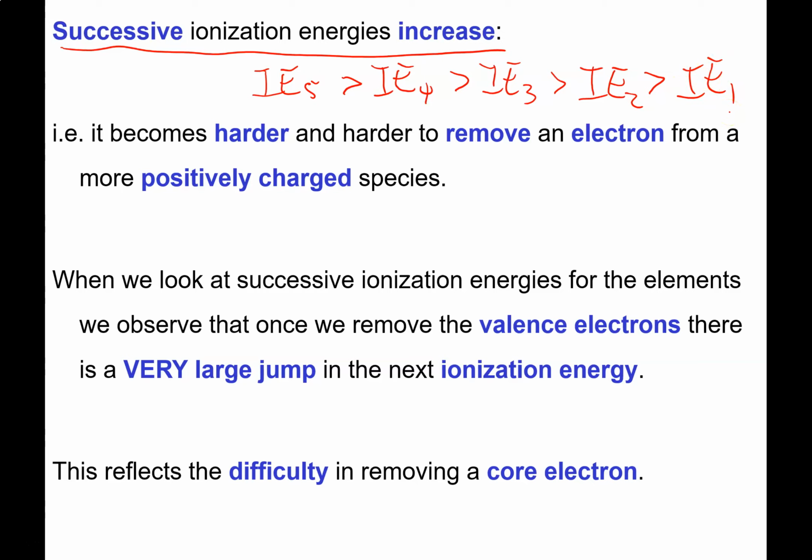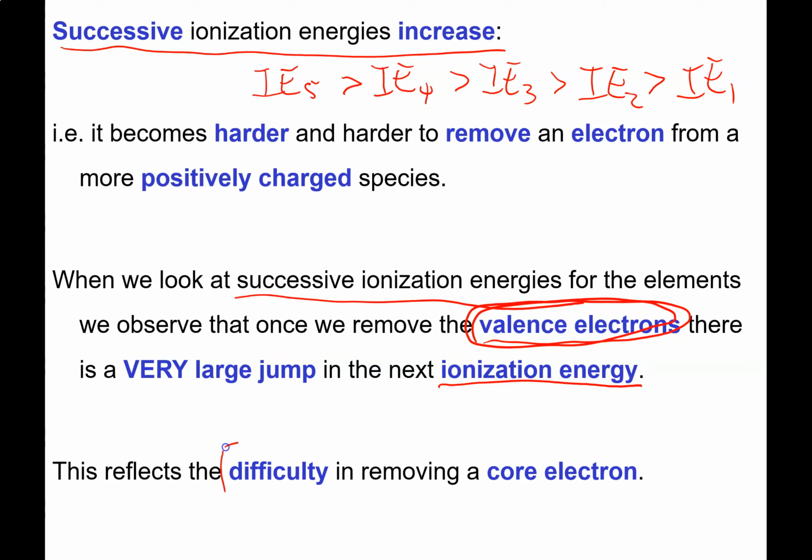That makes sense because it becomes harder and harder to remove an electron from a more positively charged species. What we find, though, is that once you remove all of the valence electrons, those in the outermost shell, you get a really big jump in ionization energy, bigger than you might expect.